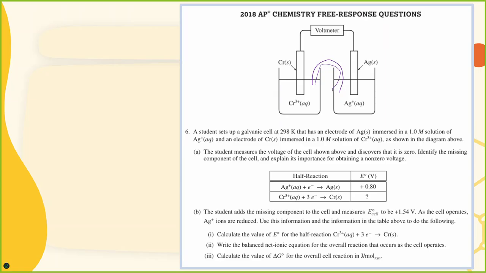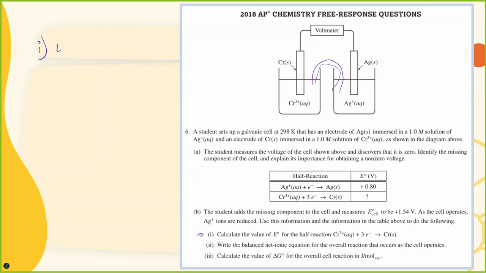The student adds the missing component, measures it to be 1.54. As the cell operates, the silver ions are reduced using the information in the table above. Calculate E cell for this bottom reaction. So I'll do it over here.